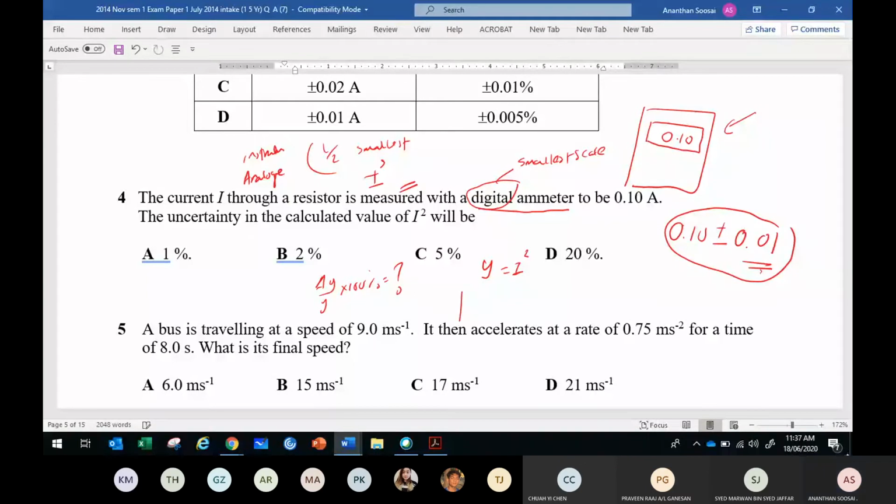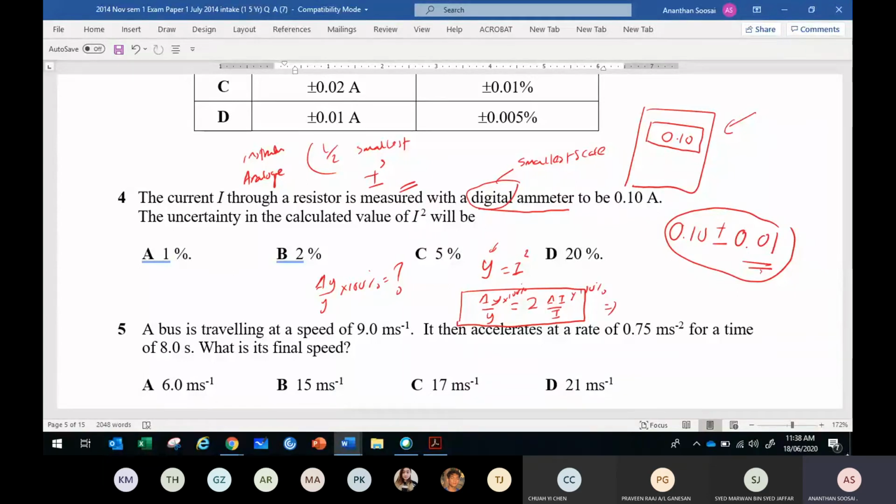So what do we do? What is the uncertainty formula for Y equals I squared? The change in Y over Y will be 2 times the change in I over I, correct? Of course, we multiply both sides by 100%, so we can work out the percentage uncertainty.